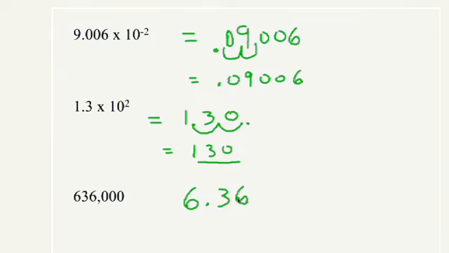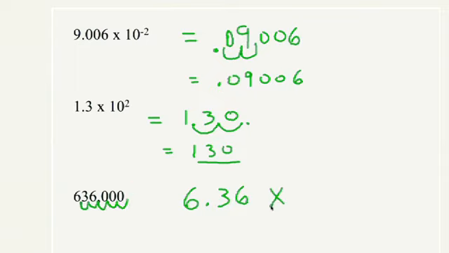Once I figured that out, I go back over here and I ask myself, if the decimal point had been here, where it is over here, how many places would I have had to move it and in what direction? To get to the end here, I would have had to move this decimal point 1, 2, 3, 4, 5 places.